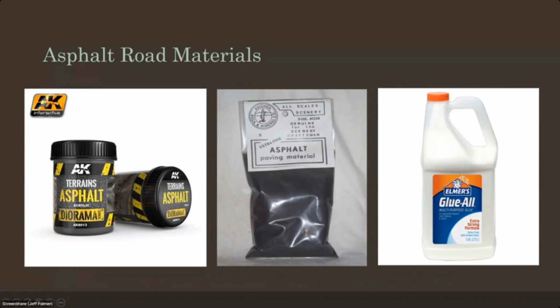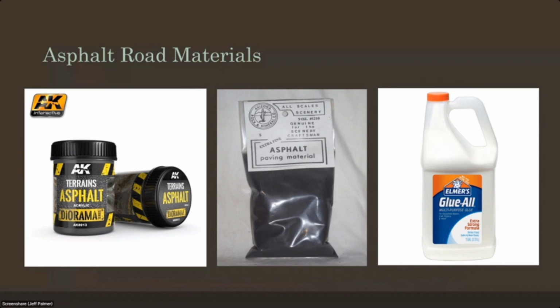I use the Arizona Rock and Mineral mainly because I lay it down and it comes out a fairly nice, dark, deep gray. But if I go back over that with a little piece of sandpaper, it turns into the lighter gray that we see on a lot of the roads in some of the earlier films or earlier pictures.